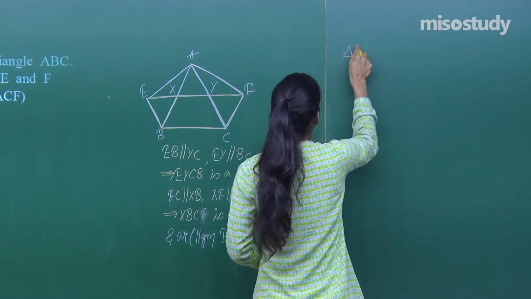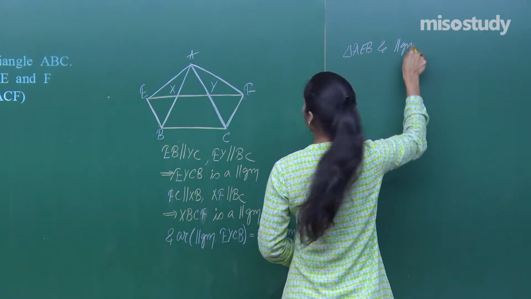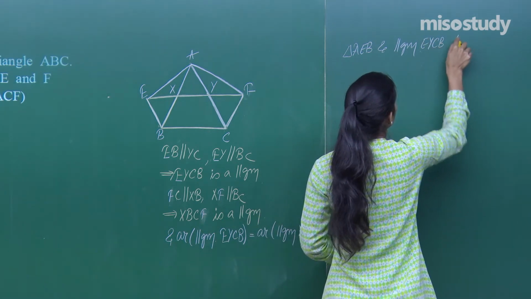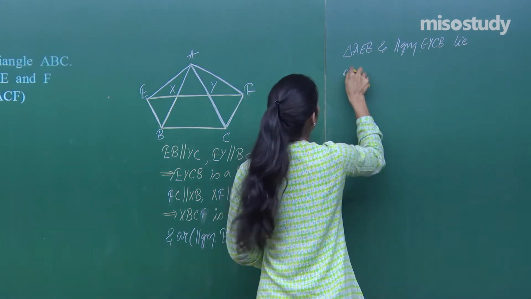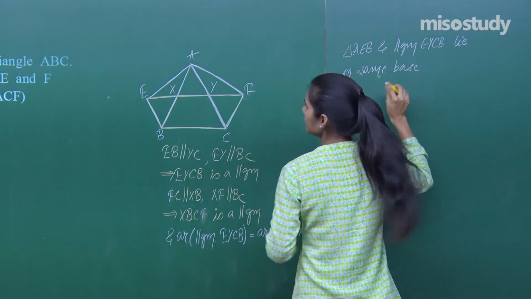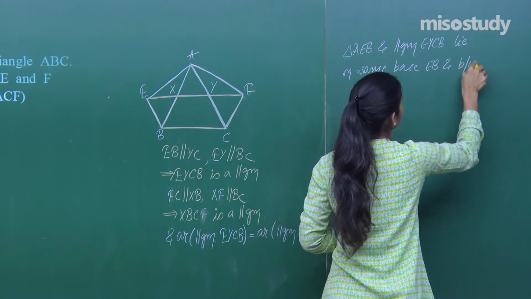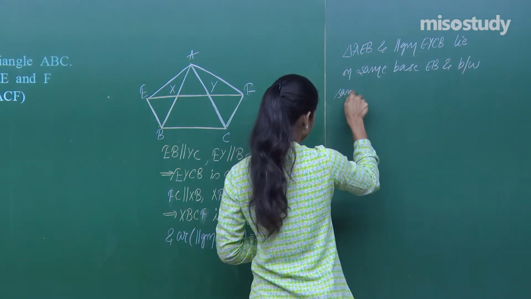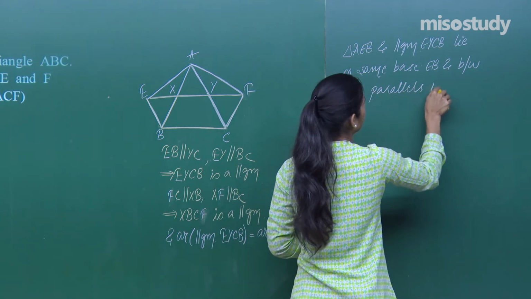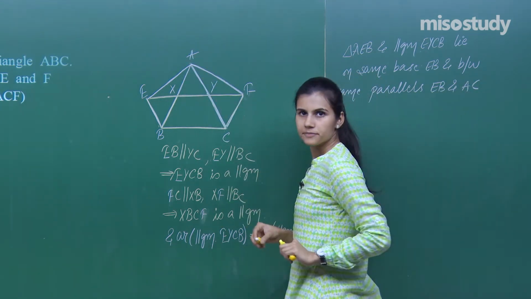So I am saying triangle AEB and parallelogram EYCB lie on the same base EB and between the same parallels EB and AC.